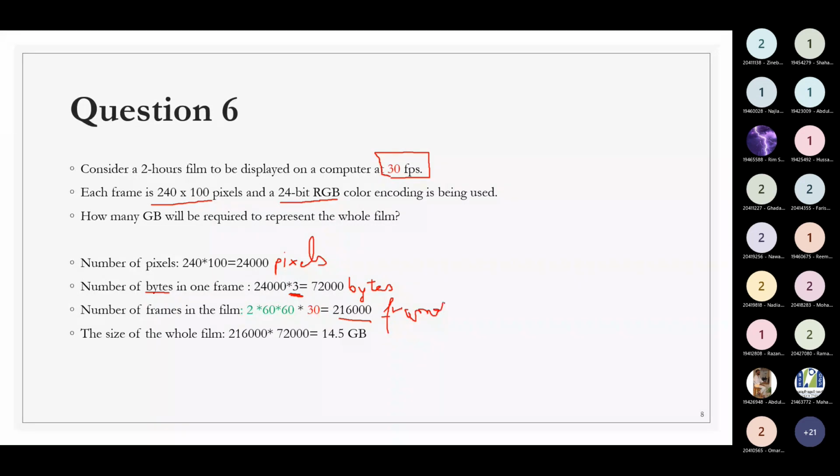The size of the whole film will be the number of frames multiplied by the size of each frame in bytes. We can divide this amount by 2 power 30 to have this amount in gigabytes.